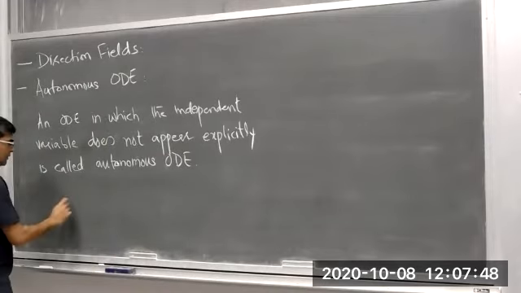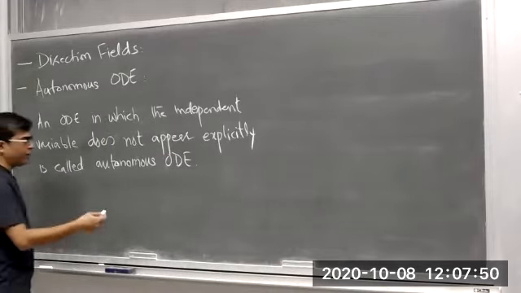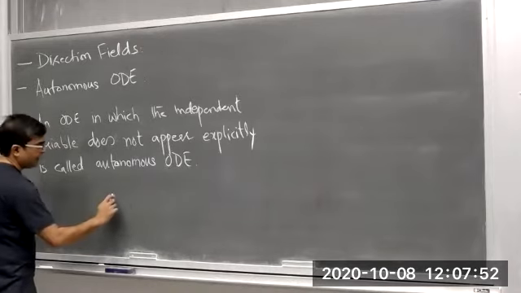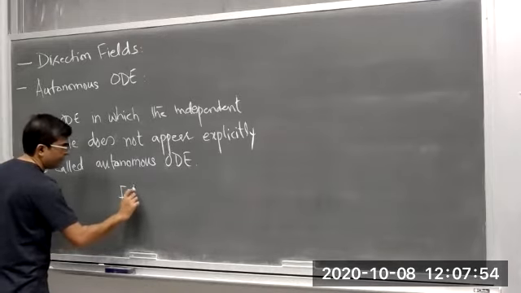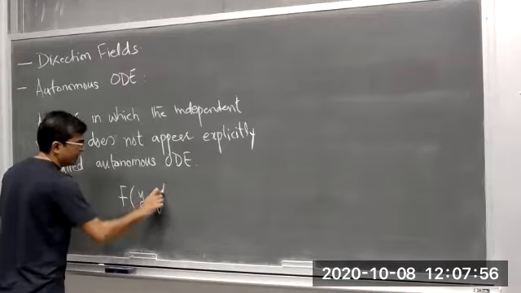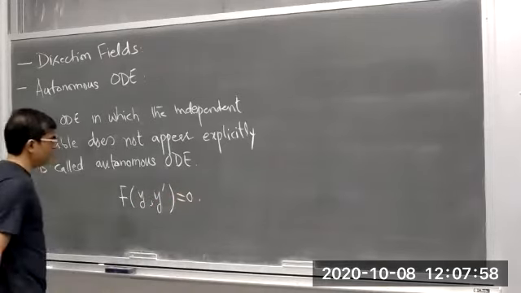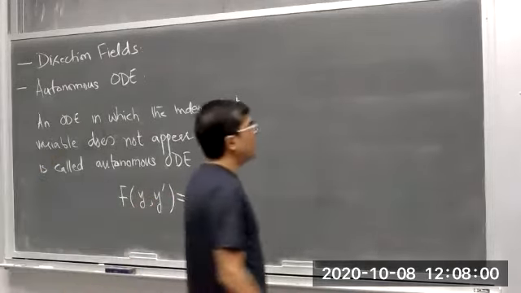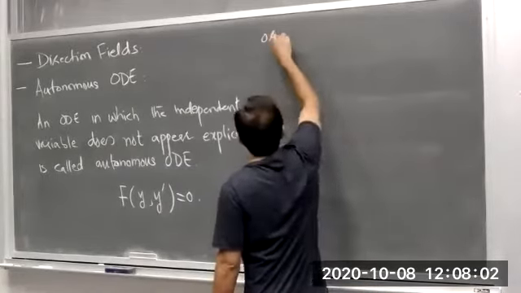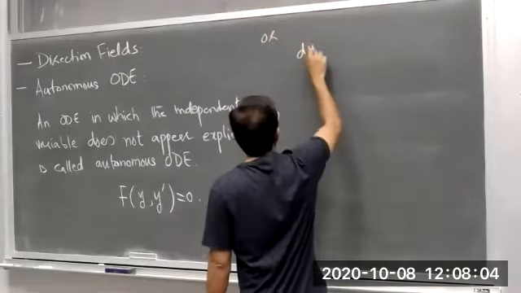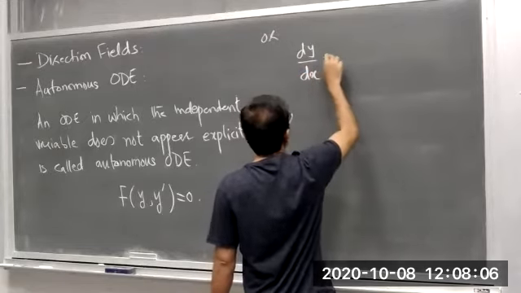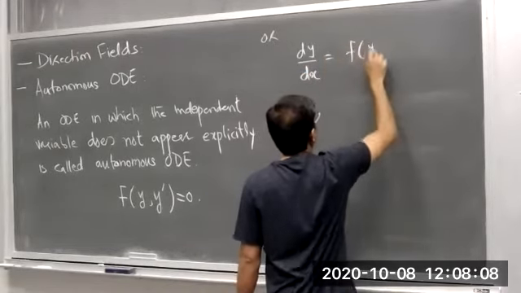For example, in general, how do we write autonomous ODEs? We write them f of y and y dash is equal to 0. This is the most general form. Or we can write them in normal form as dy by dx is equal to f of y.